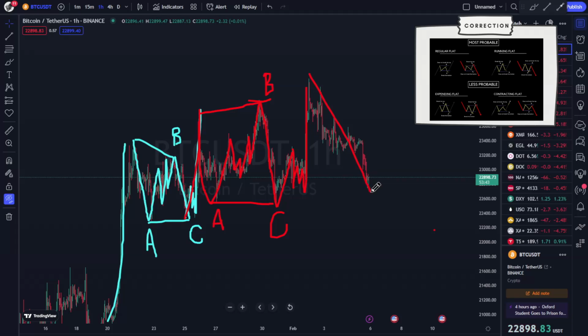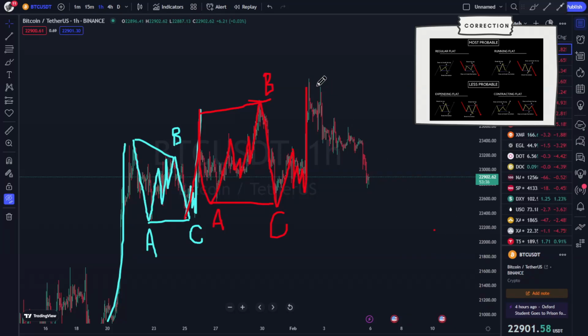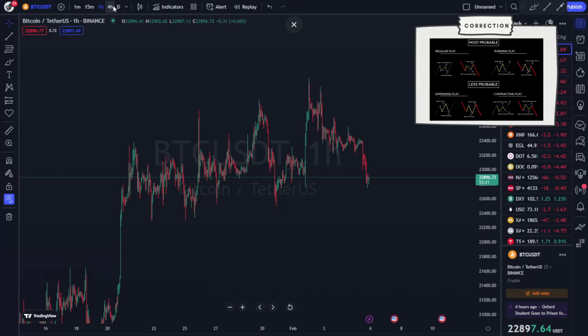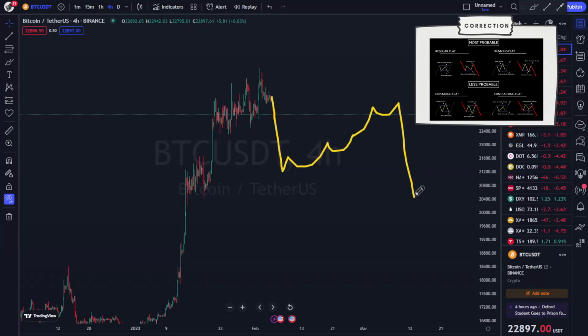So this is the start of a new structure, so let me put it in a different color, either a new corrective pattern for an up move, or the start of the drop that we're looking for in the bigger time frame. In the bigger time frame, and I'll be removing all this, I'm looking at this as potentially the start of the bigger structure, because we need a bigger correction.